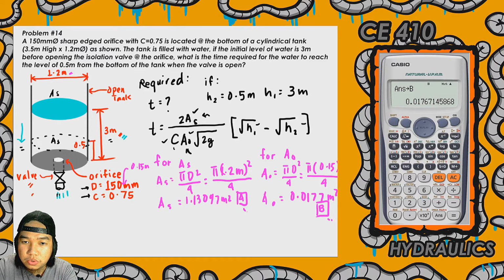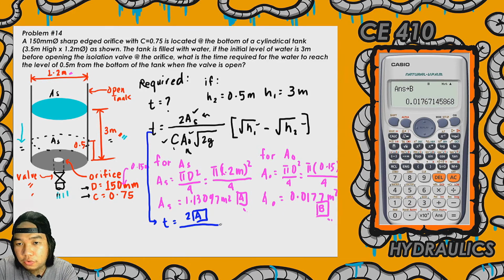So, pag sinubstitute na natin to, mga values ay, this is 2 times A sub S, which is na-store na natin sa A, all over C, which is 0.75, multiplied to A sub O, which is store na natin sa B, multiplied to the square root of 2g, 2 times 9.81.